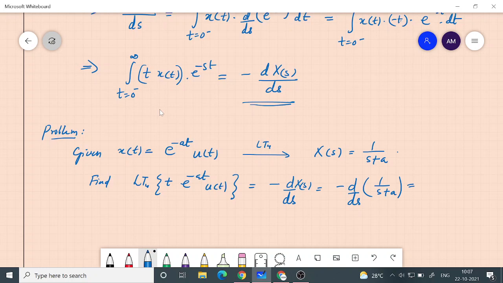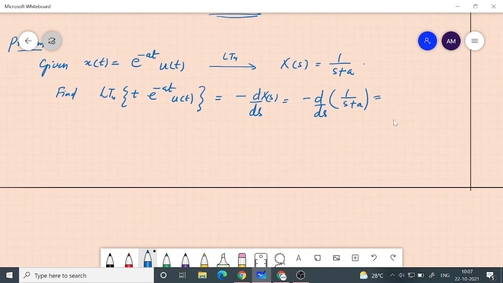Now what is this derivative? We can write it as d by ds of minus of s plus a raised to minus 1.